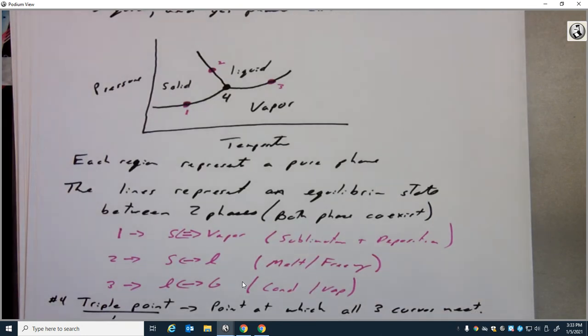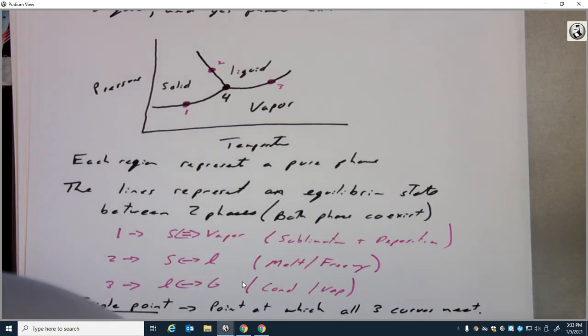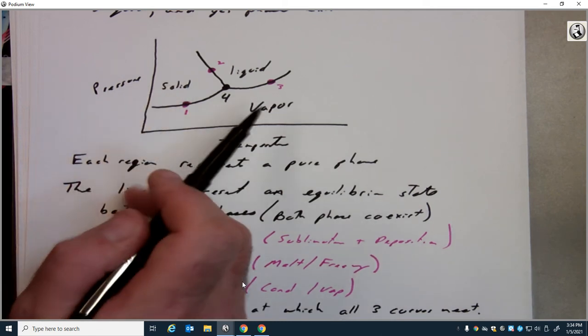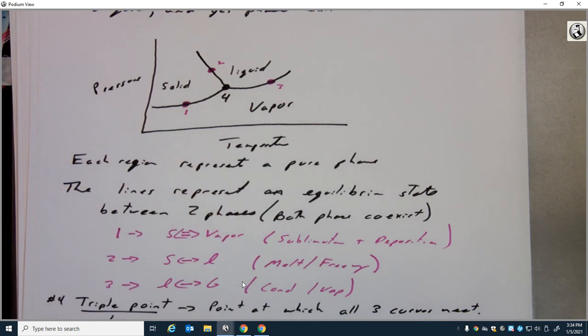For example, H2O's triple point is at 0.01 degrees C and 0.006 atmospheres. If we put water at 0.01 degrees Celsius and 0.006 atmospheres, we would have all 3 phases of water at the same time, because that's its triple point.